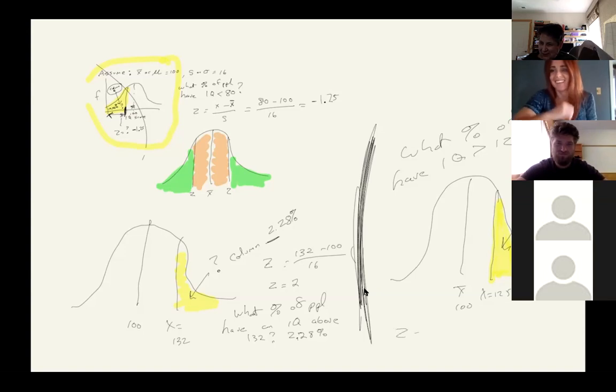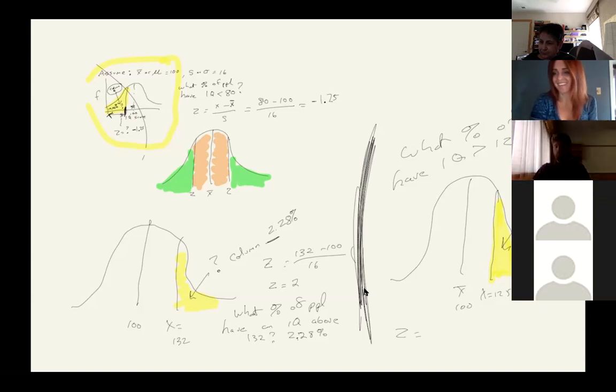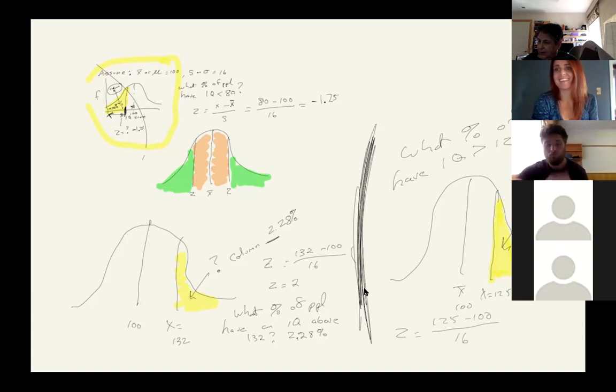Sorry. Z is equal to the score minus the mean over the standard deviation: 125 minus 100 over 16, which is equal to 1.56.